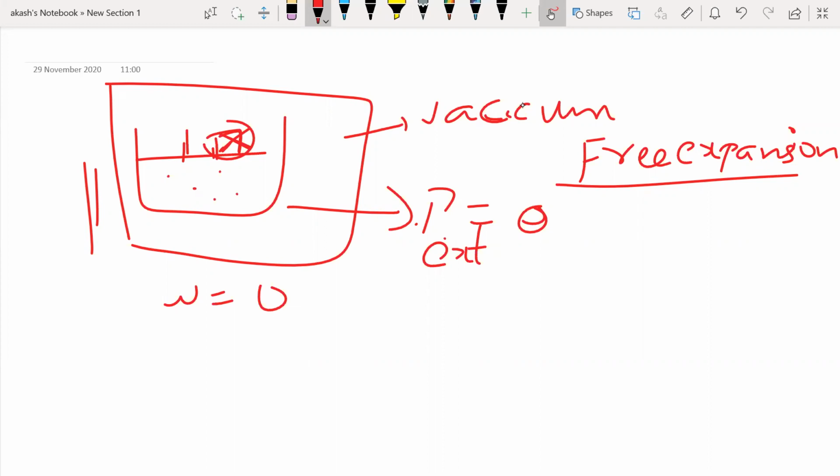So 8 grams of O2 gas at STP is expanded to double its initial volume. Find the work done.